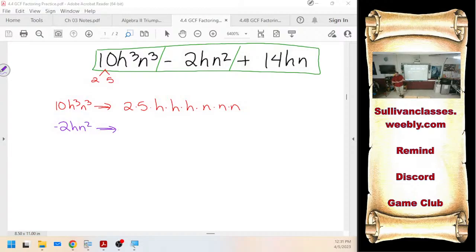How do I break up a negative 2? The 2 itself is prime, but we're going to put the negative 1 in front of it, so I know negative 2 is a negative 1 by 2. Just in case. And then an h, and then n's.